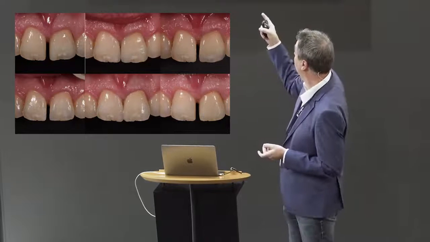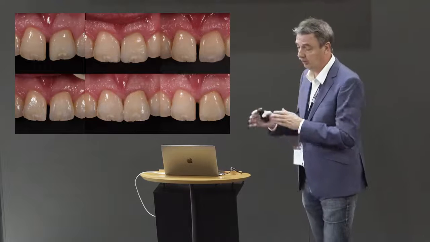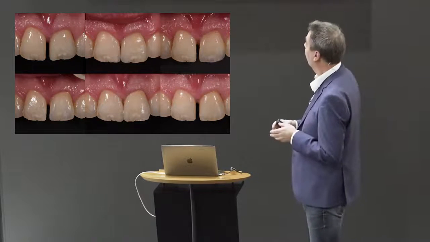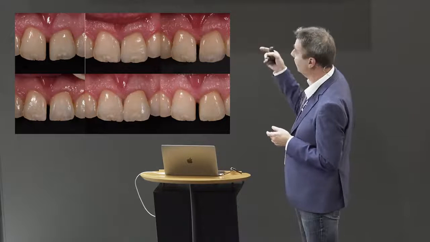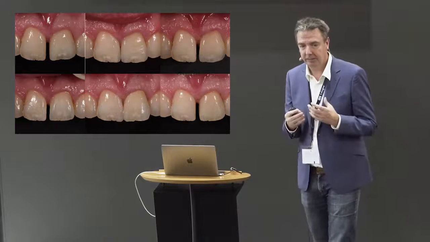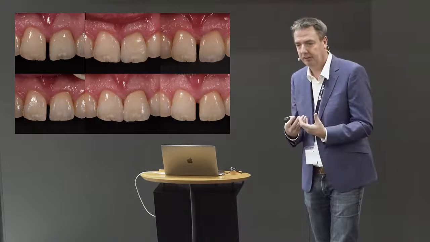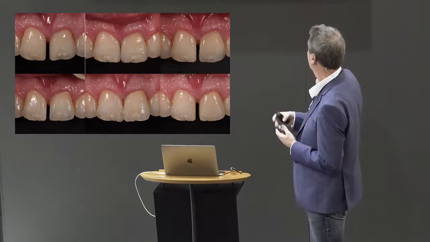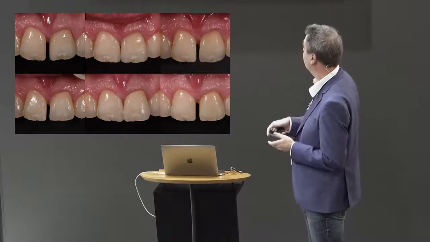So we have 2 restorations, not only with a crown, also with a partial veneer. And at the end, the patient decided to keep the gap because he said, that's me, that's my personality, I don't want to close the gap, but I would love to get the crown which really fits perfect.